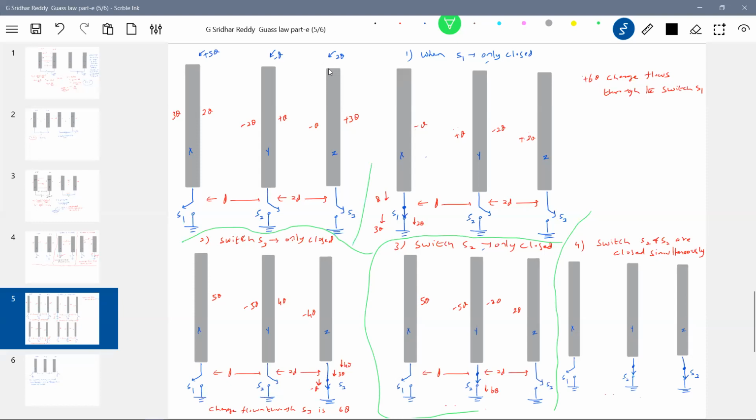Okay, I'm putting boundaries. They're not related. Now look at this one. What is the potential of Y and Z? Will be equal, no? Because both are earthed. Vy equal to 0, Vz equals 0. Agree this? Vy and Vz both are equal to 0.